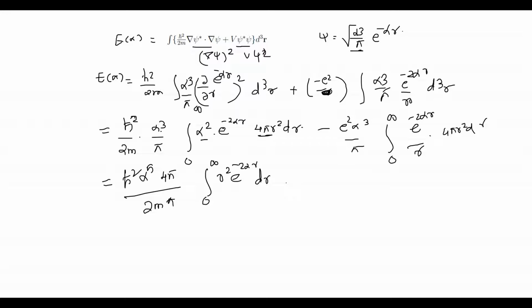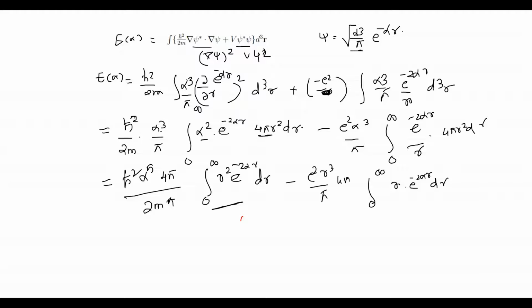Here 4 pi will be taken as common, e square r cube pi into 4 pi, integral from 0 to infinity. This r and this r will get cancelled, so 1 r will be left over there, e raised to minus 2 alpha r dr. Now, to calculate this, we already know the definition of the gamma function.